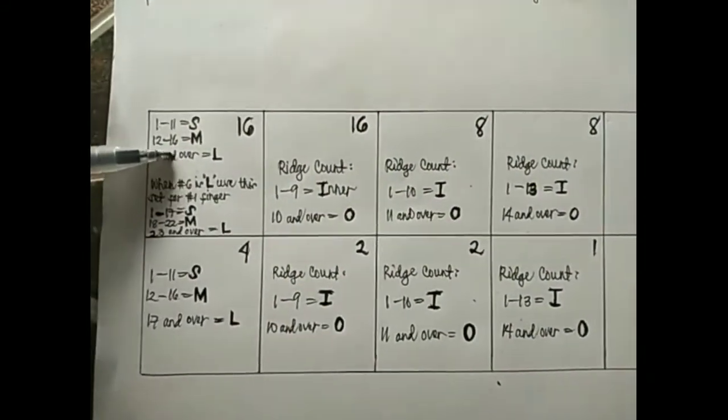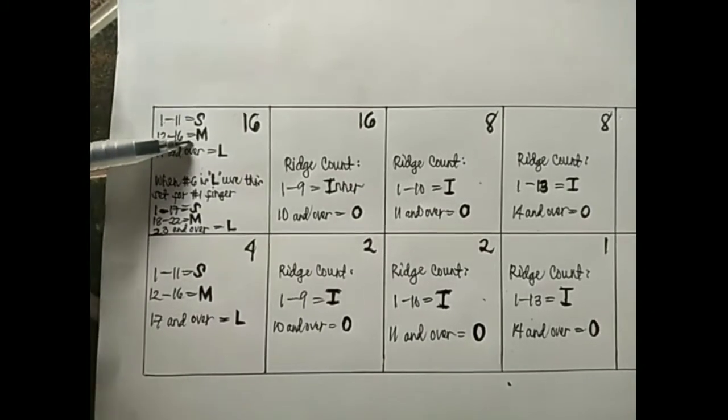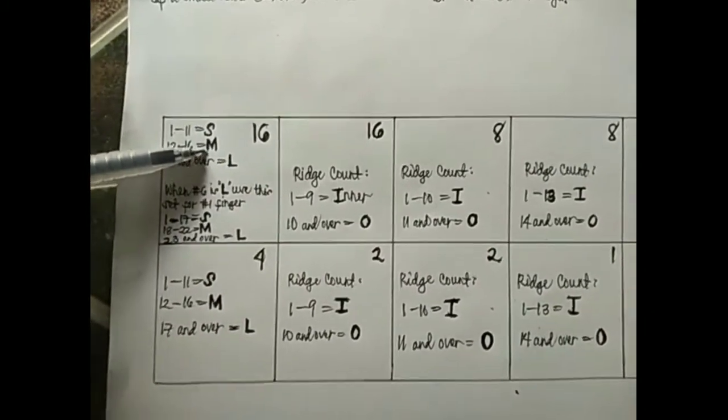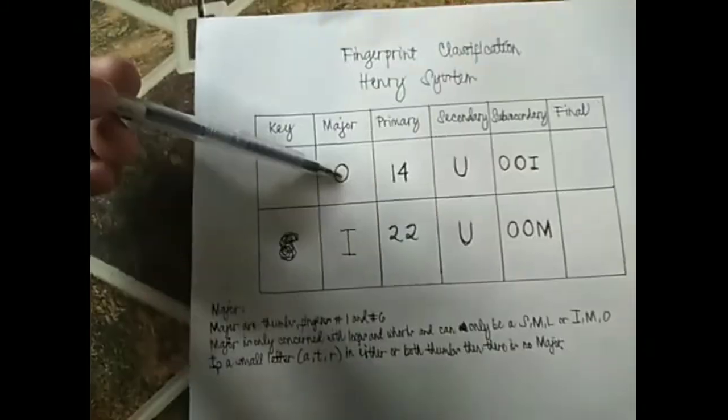If finger number 1 is an ulnar loop with a ridge count of 16, then refer to the cheat sheet. So finger number 1, 16 ridge count, so it is medium. So we will put capital M here in the numerator.